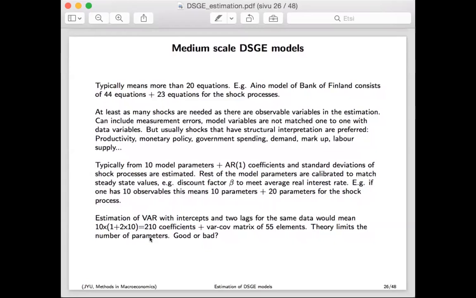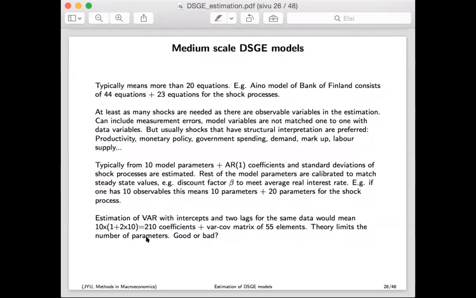So when we have a theory model, there are much fewer parameters than in a purely empirical model. It has pros and cons. One is that it introduces a sort of shrinkage, that there are fewer parameters, but of course it restricts a lot.